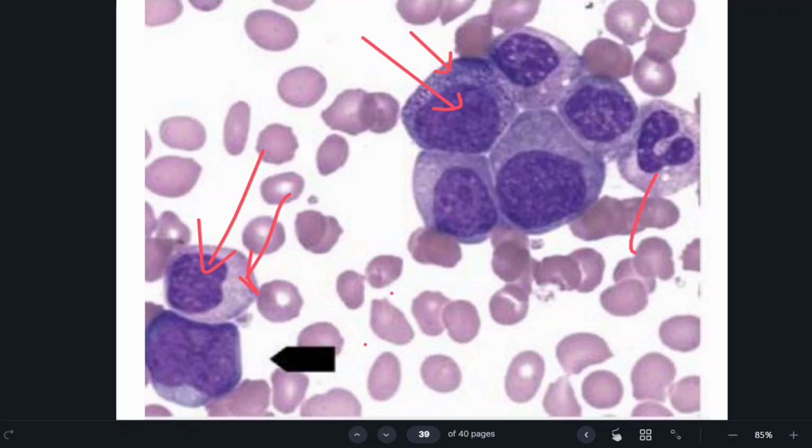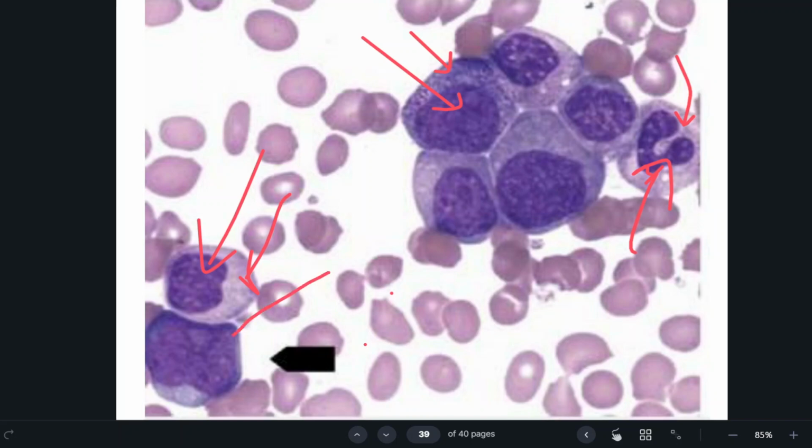And here is a band form with the band-shaped nucleus, or indentation more than 50%, and the cytoplasm again contains the primary eosinophilic granules and lilac-colored secondary granules. So there is shift left, or immature neutrophil precursors such as myelocyte, metamyelocyte, and band form.